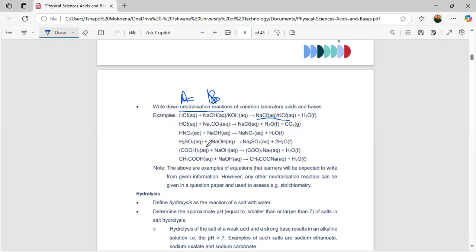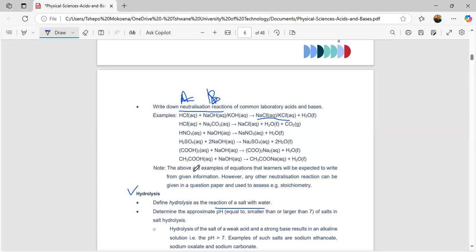That's also very important because the salt that is going to be formed over here will undergo a reaction called hydrolysis. So that means hydrolysis, we define it as a reaction of salt with water.